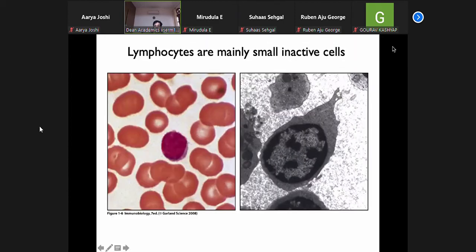Okay, so now this slide basically tells you something about the activation status of lymphocytes when they are in their activated stage.